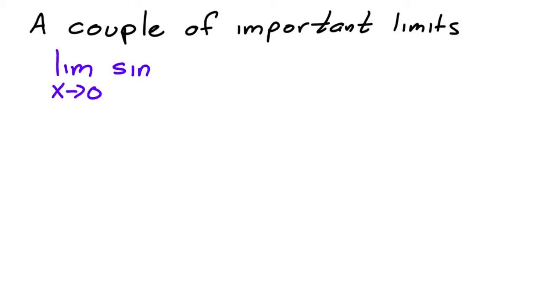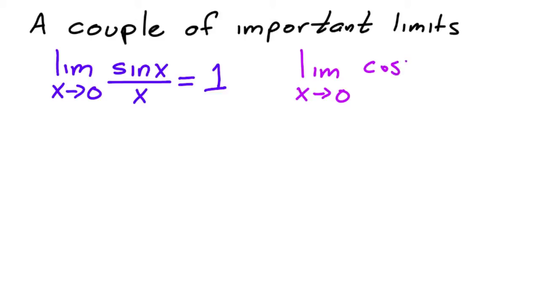But for now, we'll just keep in mind that the limit as x approaches 0 of sine of x over x is equal to 1, and that the limit as x approaches 0 of cosine of x minus 1 over x is equal to 0.